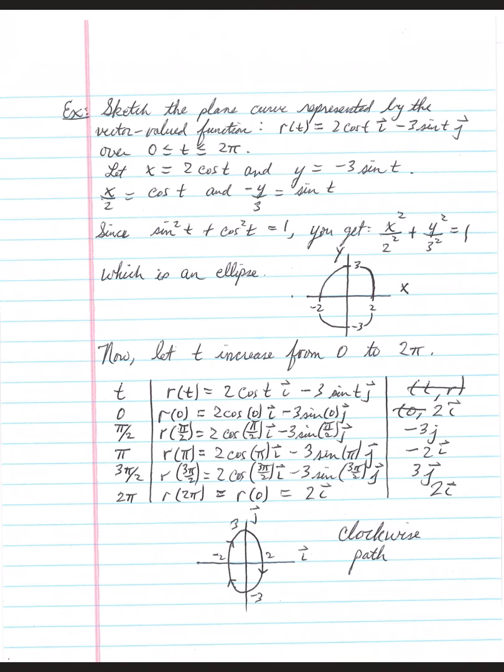If you were to let t increase from 0 to 2 pi, which is the domain they give us at the beginning of the problem, I'm going to let t increase from 0 to 2 pi in this column, substituting each number into the vector-valued function, and then putting my answers over here. So starting at 0, when t is 0, sub in, you get 2i.